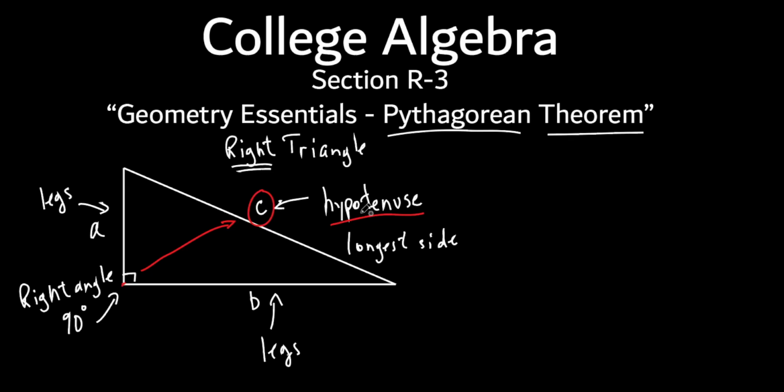Why can't I have a hypotenuse on an obtuse triangle? I have a longest side on an obtuse triangle, but it's not called the hypotenuse, because the hypotenuse is always opposite the what? The right angle. Okay. So those are some very important things you need to know about the right triangle before we even start talking about the Pythagorean theorem. Everybody got that straight? Yeah.